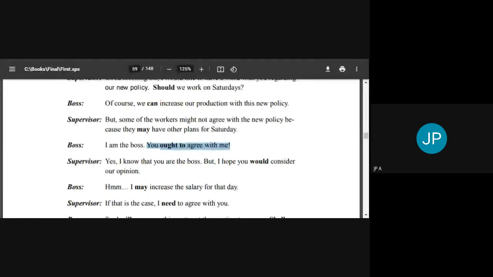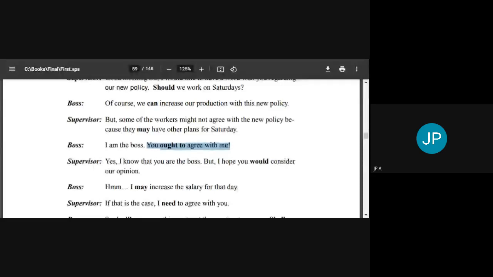Yes, I know that you are the boss, but I hope you would consider our opinion. Here, what is the social function? It is a supervisor requesting his boss. So it is the structure of a request.